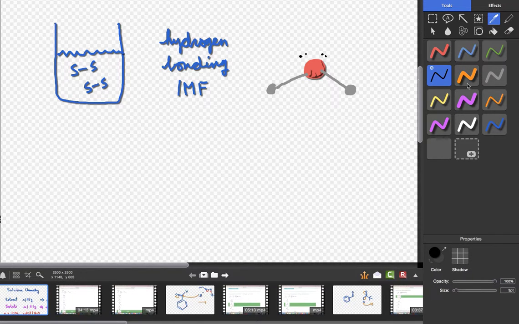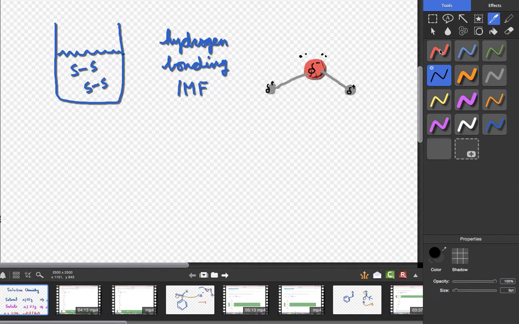Now, oxygen is more electronegative than hydrogen by a pretty good margin. So this oxygen has a partial negative charge, while each of the hydrogens has a partial positive charge. So electrostatically, these hydrogen atoms are fairly significantly stripped of electron density.